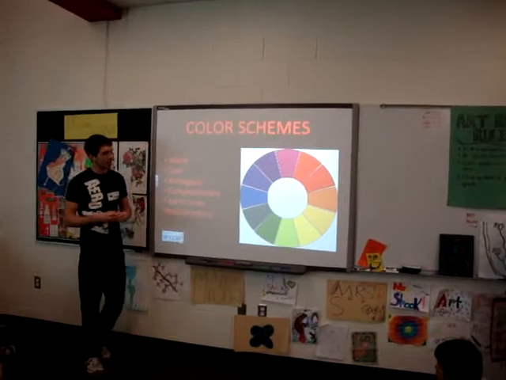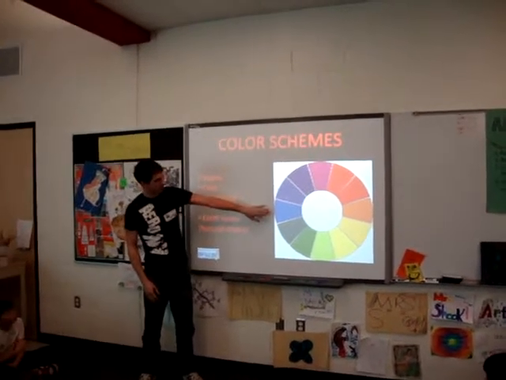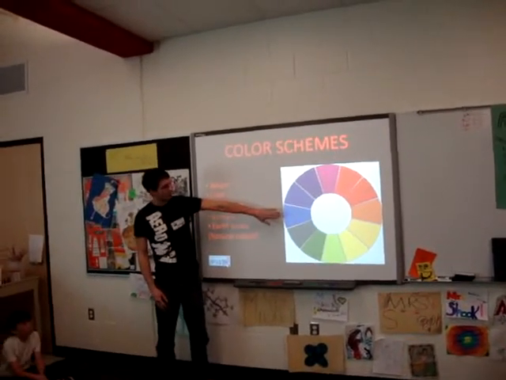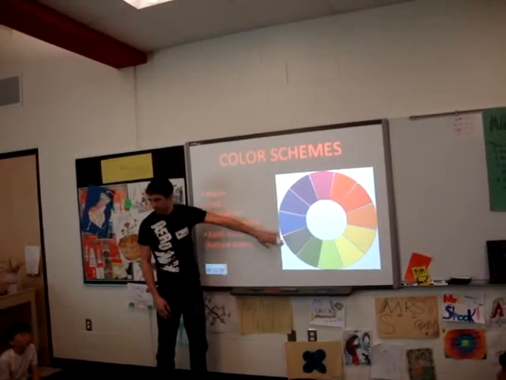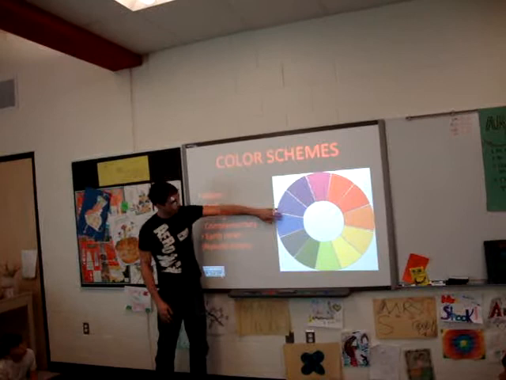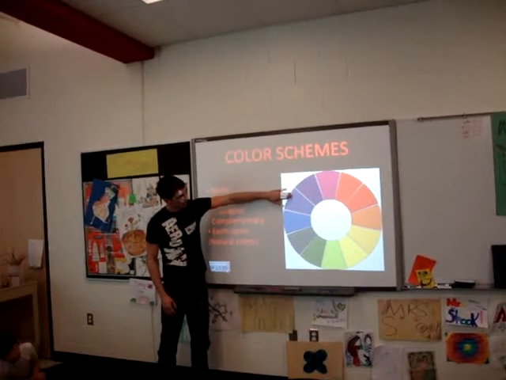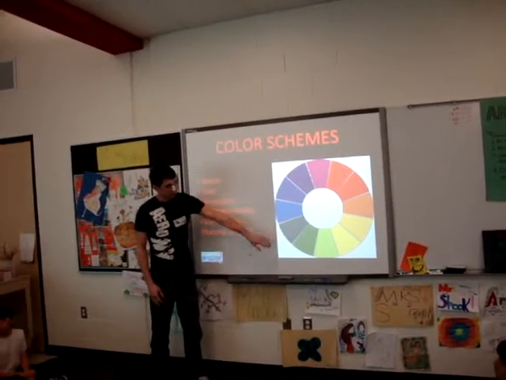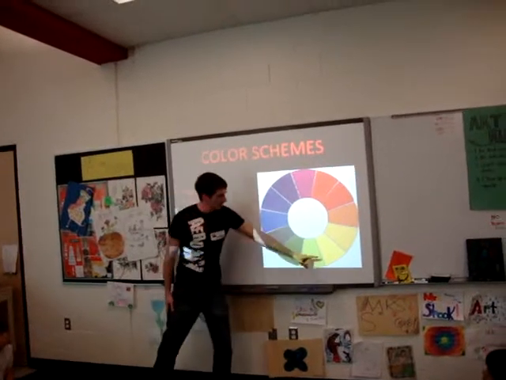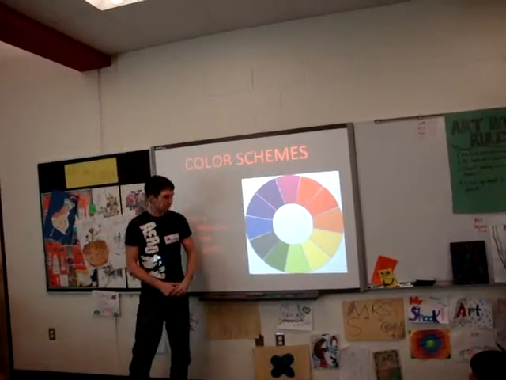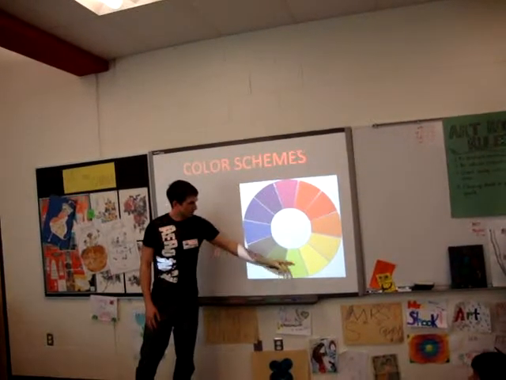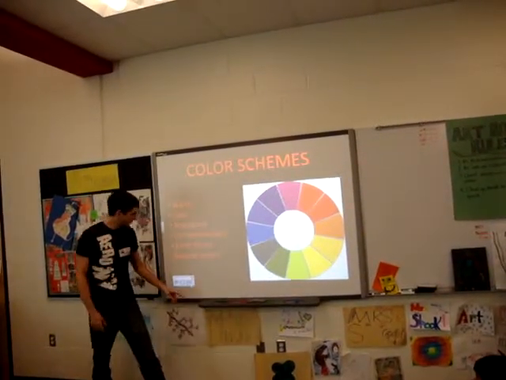It could be, but analogous means that if blue is your main color, it's the 3 around it, the 2 on each side. It would be these 3 colors: blue, violet blue, and blue green. So what would be the 2 colors for yellow? Yep, the light green and the dark yellow. Yep, there you go, good job.